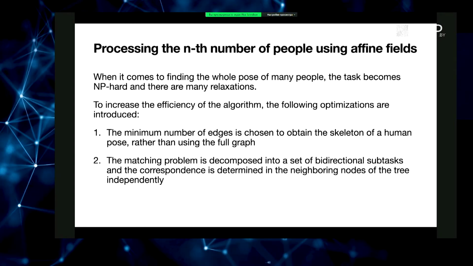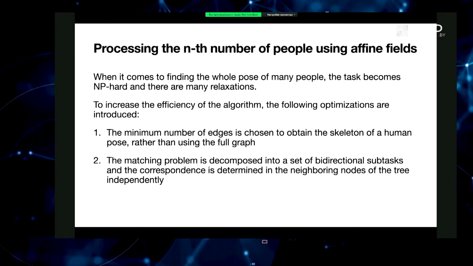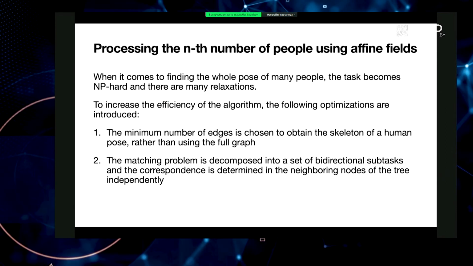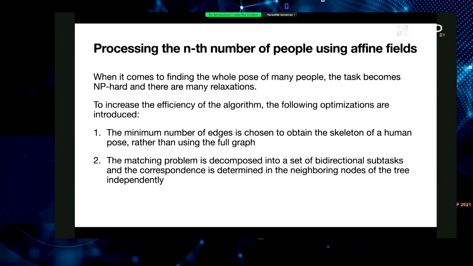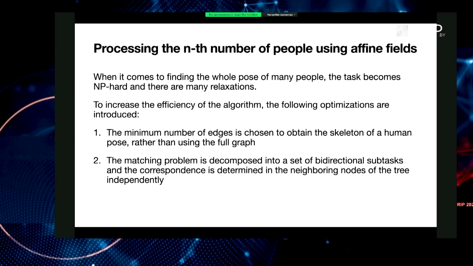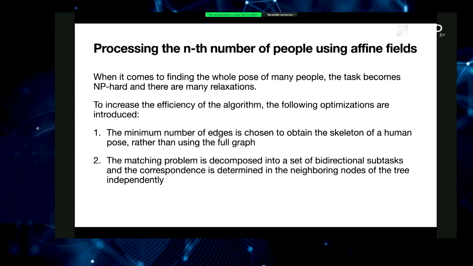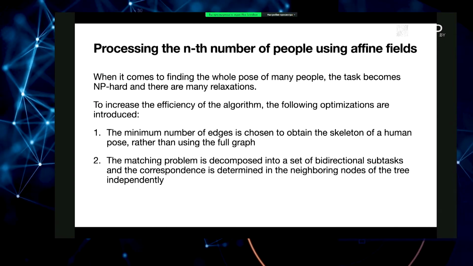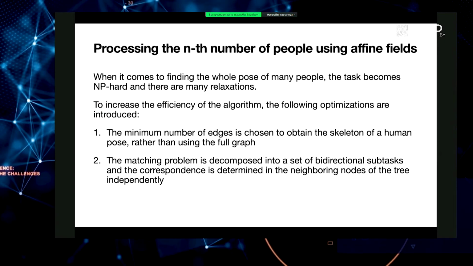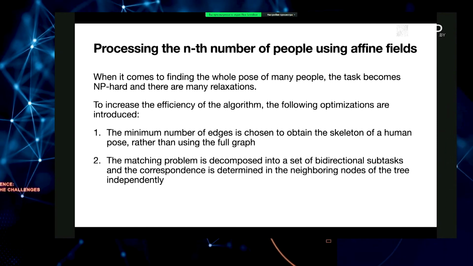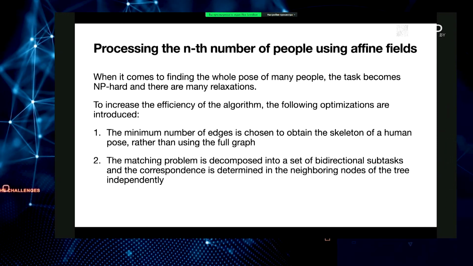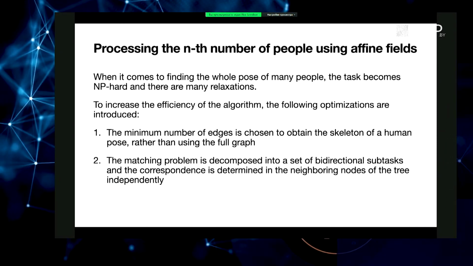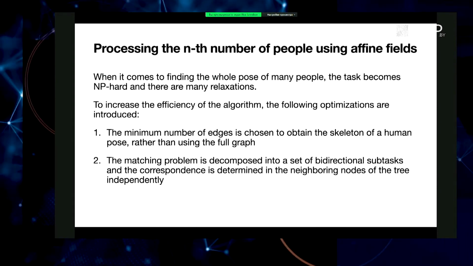The first optimization was to minimize the number of edges that were chosen to obtain the skeleton. That was the filtering that I mentioned before. The second optimization is that the matching problem is decomposed into a set of bidirectional subtasks.